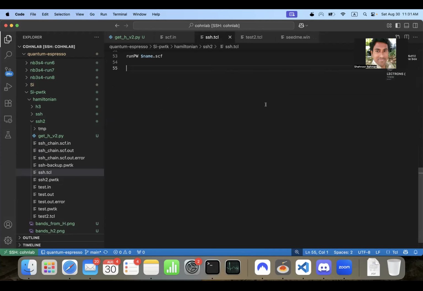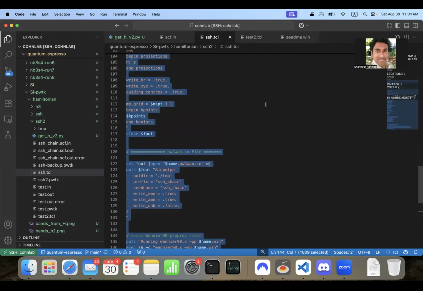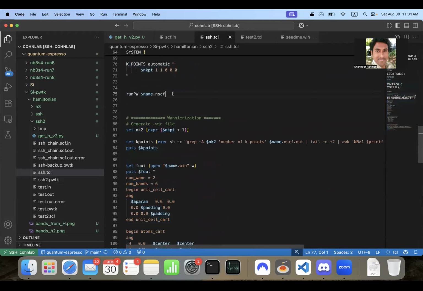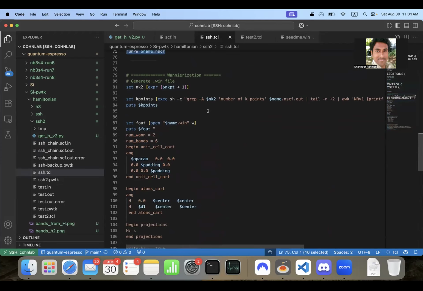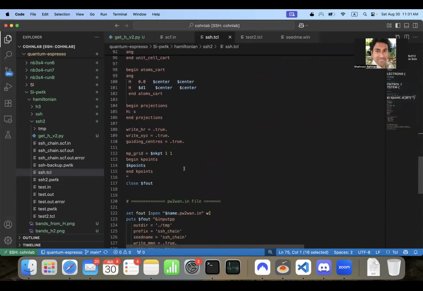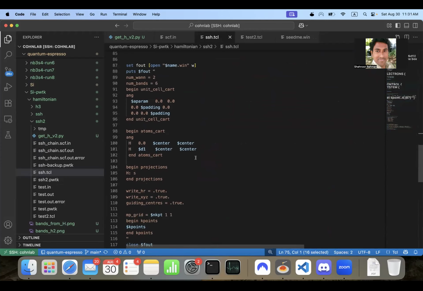But with the pwtk script, we want to do first the SCF, then we want to do the NSCF computation.